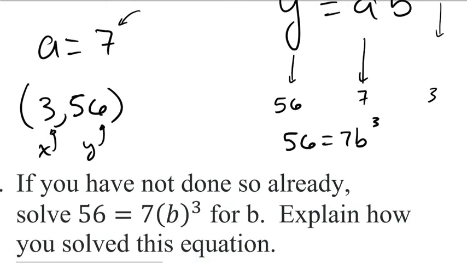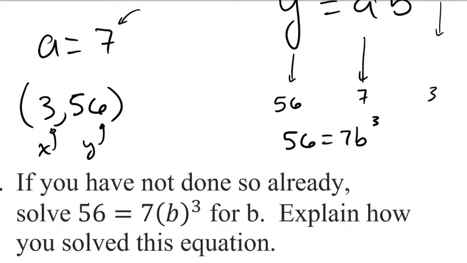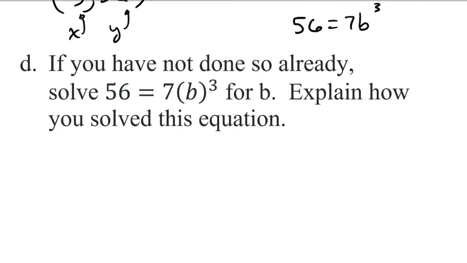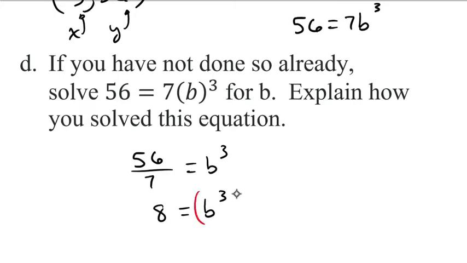Yesterday we discussed how we solve this equation. The first thing we did was divide both sides by 7. So 56 over 7 is b to the third. Therefore, 8 is b to the third. To solve this equation, I can raise both sides to the 1/3 power.